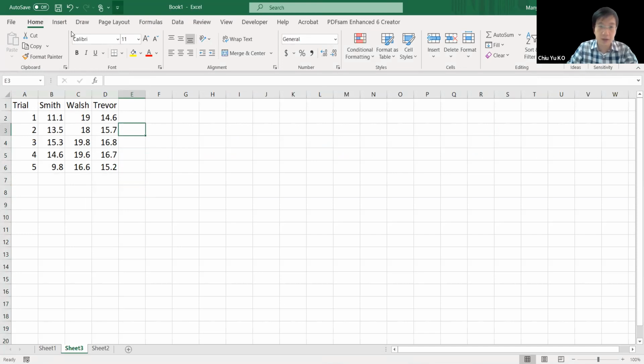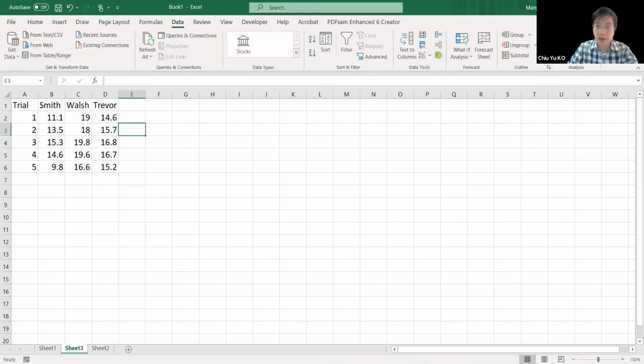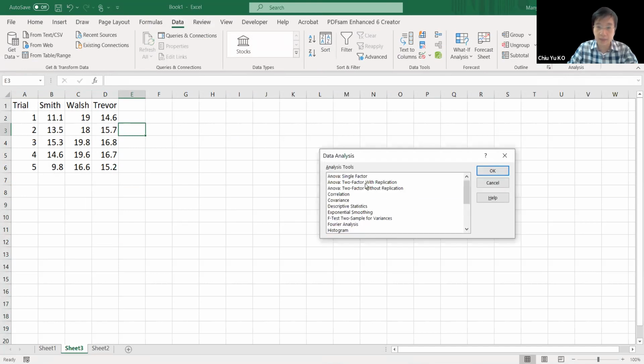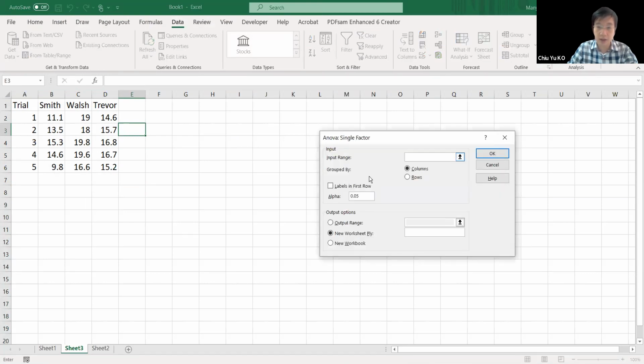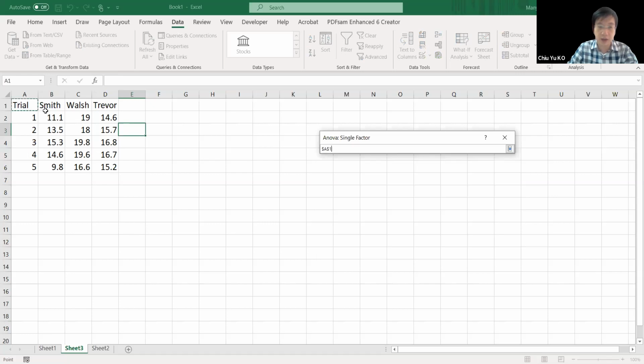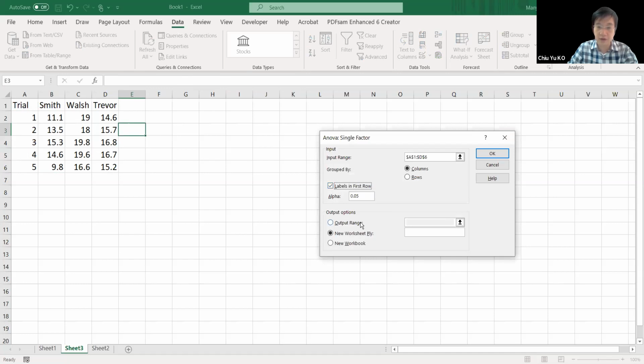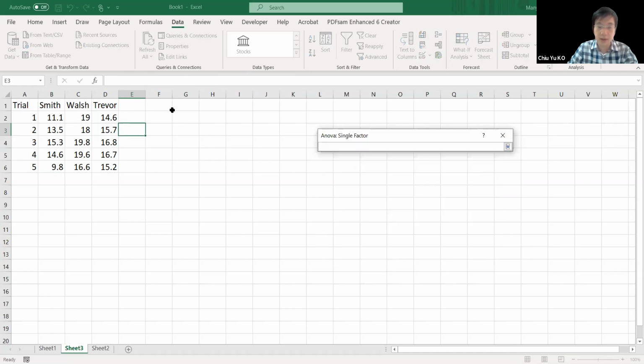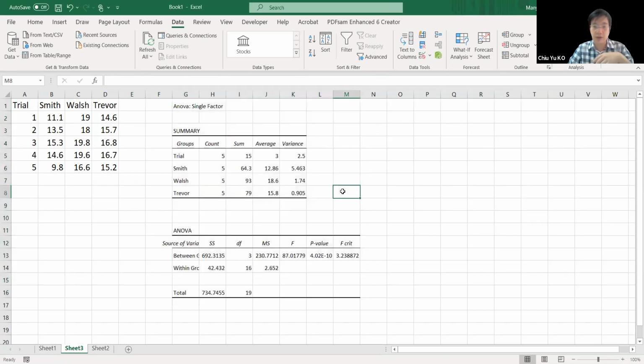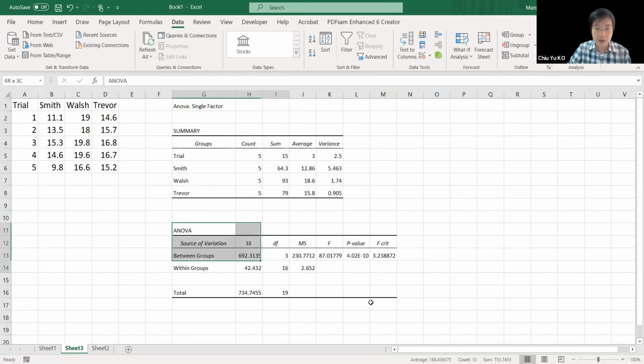I just do ANOVA: under Data Analysis, ANOVA single factor. The input is just highlighting all, I label the first row, and put the output here. Then we have the ANOVA result. This is the key.